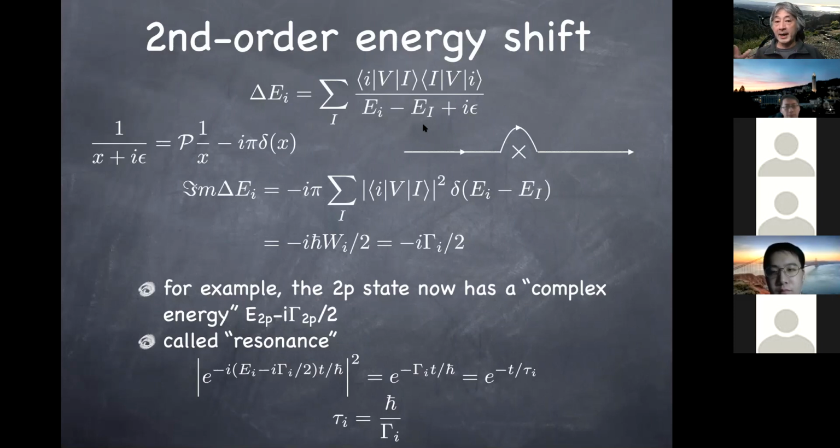Because e^(-iEt/ħ) expanded in power series in t has the coefficient -iE/ħ at linear order in t. So if you do that, you find the energy shift, which has this additional piece. And it's consistent with time-independent perturbation theory, except for this additional factor of iε.